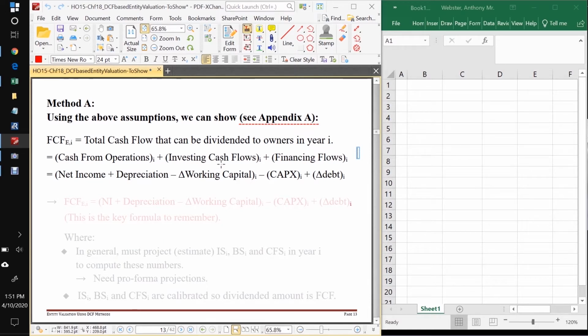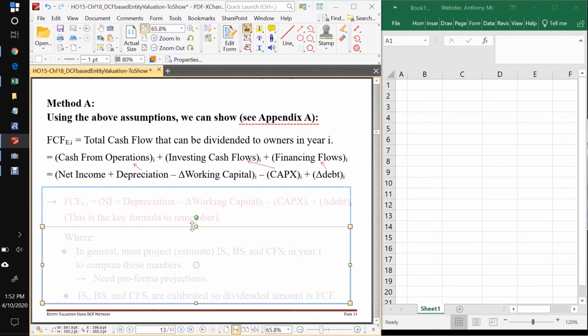And investing cash flows, if we have simple accounting, is going to be just CapEx. So let me just draw some arrows here. So that one goes there, and our investing cash flows are just CapEx. And if we have our simple accounting, our financing cash flows are going to be just changes in debt.